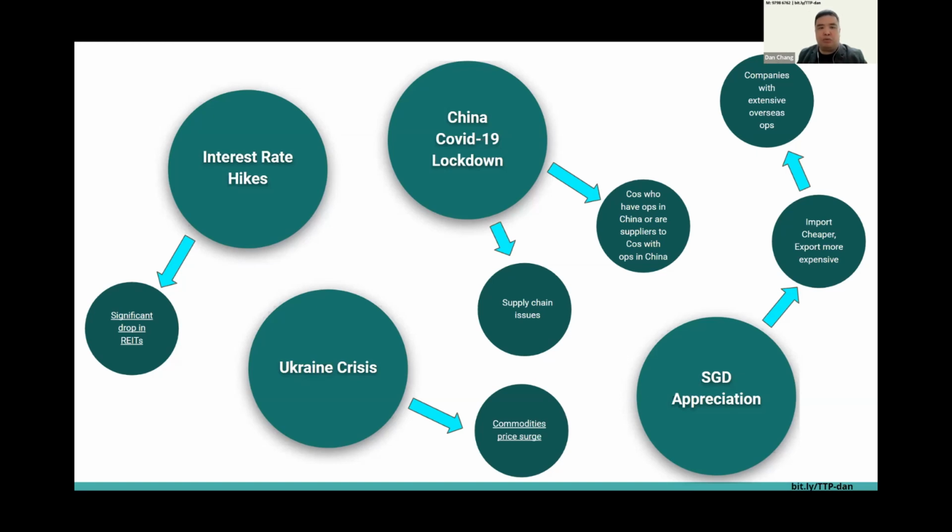In 2022, we saw a lot of lockdowns in Zhengzhou, and more recently, even a violent protest there. So that disrupts the supply chain of the big tech company, which in turn affects the Singapore-listed companies that supply to them.